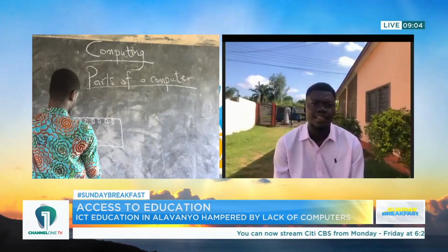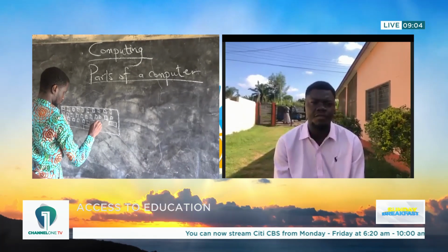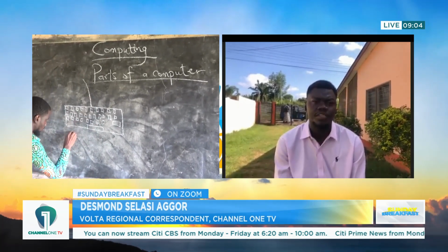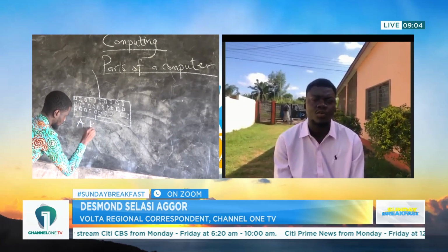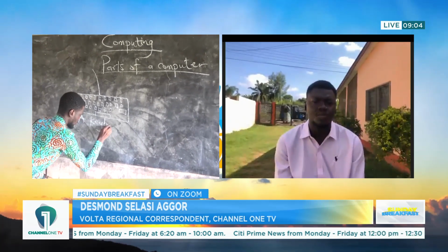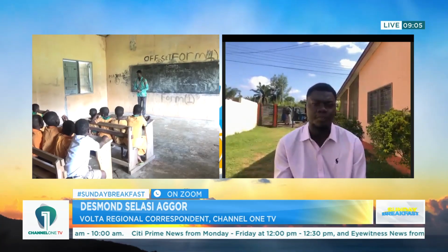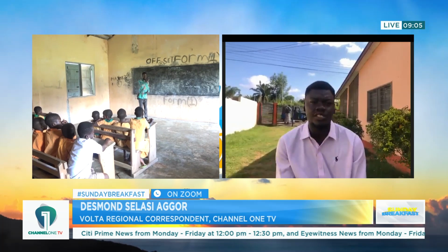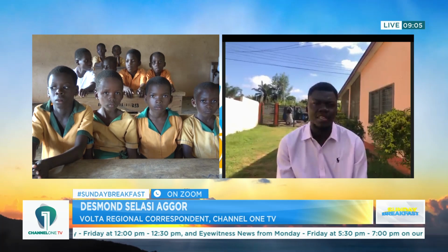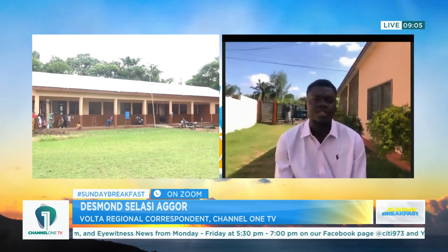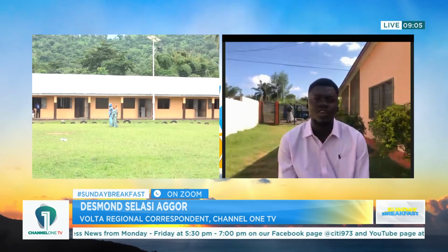Okay, I wasn't able to get the municipal chief executive, but speaking to the director of education in the Ho West municipality, Mr. Victor Hofer, he said to me that yes, plans are in place to extend electricity to the school. I also spoke to the NDC parliamentary candidate, Thomas Walanyu, who also came in to donate some lights to the community.